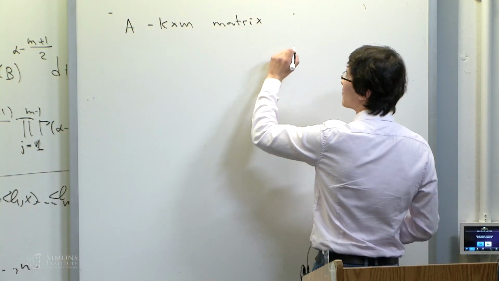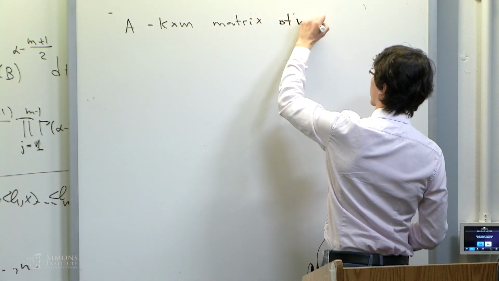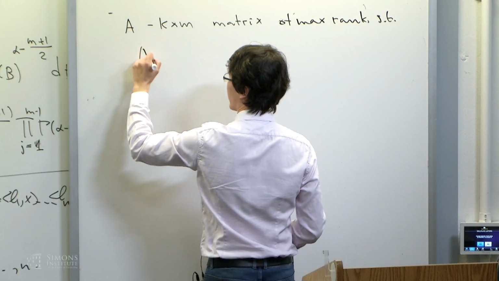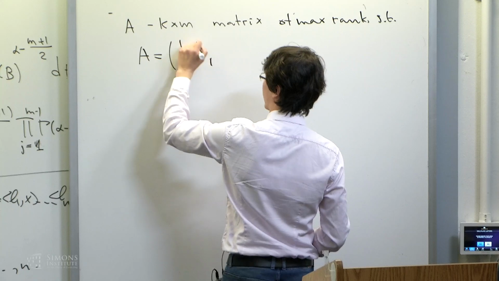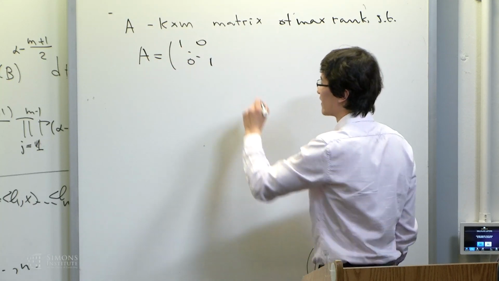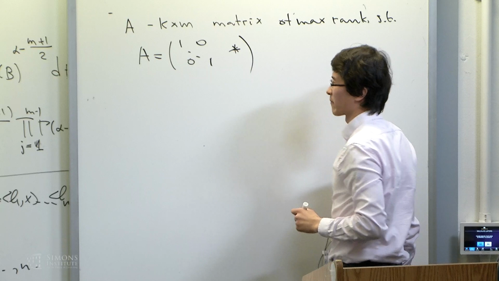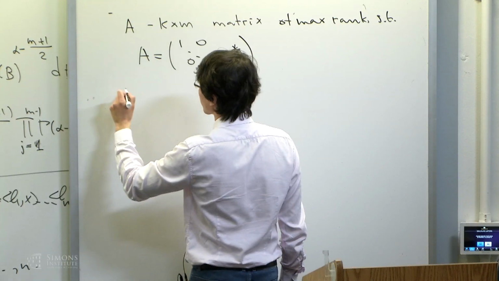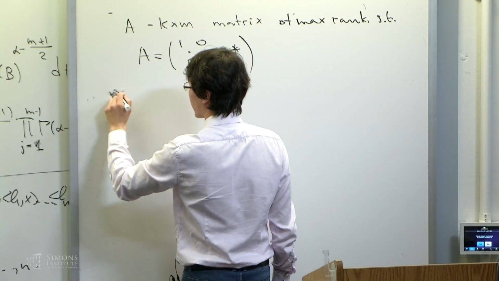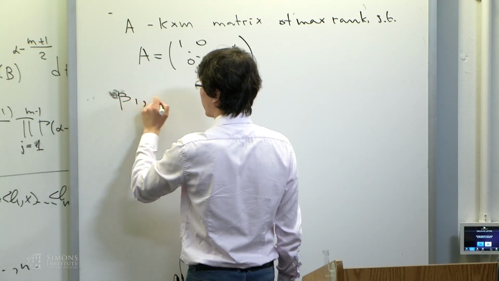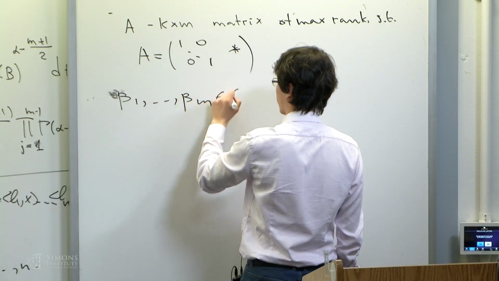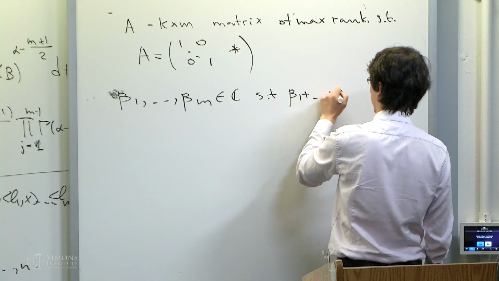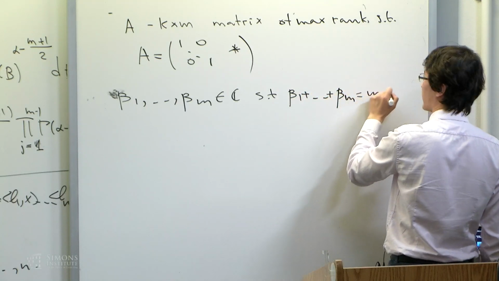So let me take a k by m matrix A of maximal rank, such that A is of this kind. It has a first minor which is the identity minor, and some entries here. Okay, and let me take any m many complex numbers beta such that they sum up to m minus k.